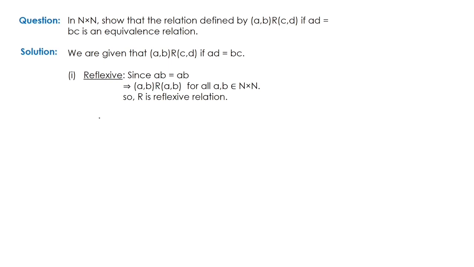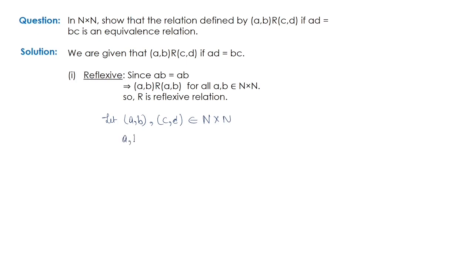Now for symmetric we have to consider two elements. So let me consider A comma B and C comma D, two different elements in the set N cross N, and we have to define a relation on that.